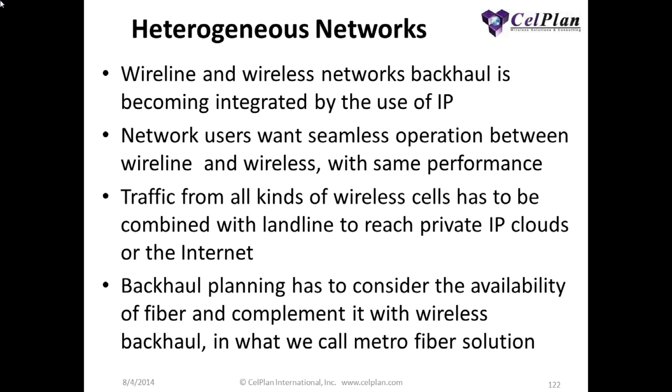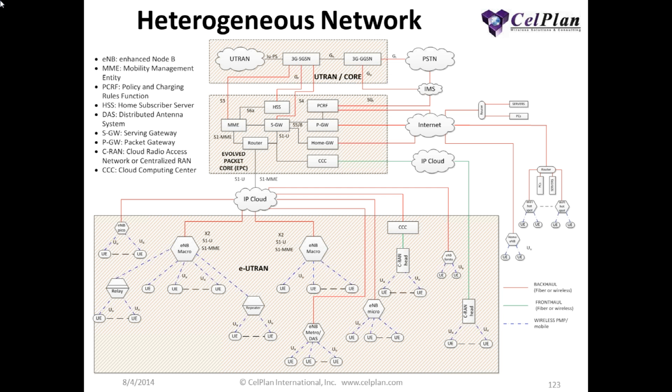So all of this creates what we call heterogeneous networks that are drawn here. Basically, we have here a UTRAN core, UMTS, that is connected to the PSTN. We have the evolved packet core, that is the LTE core, that is connected to the internet and connected through the IMS to the PSTN, but it's also connected to IP clouds.